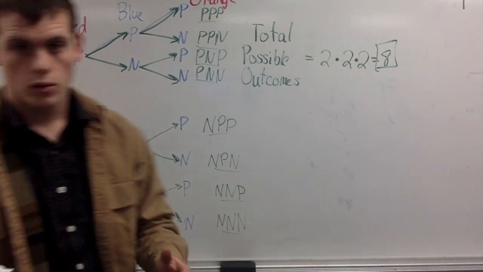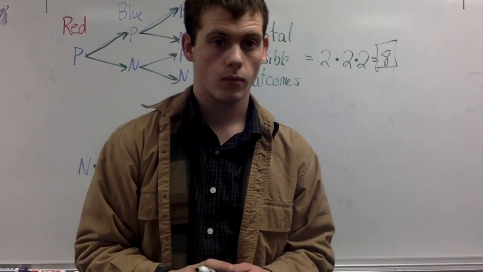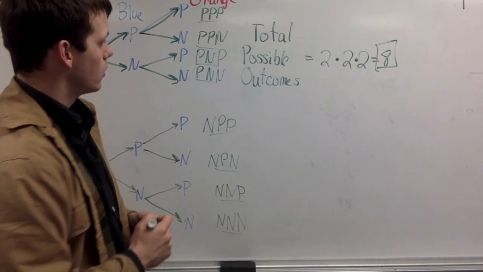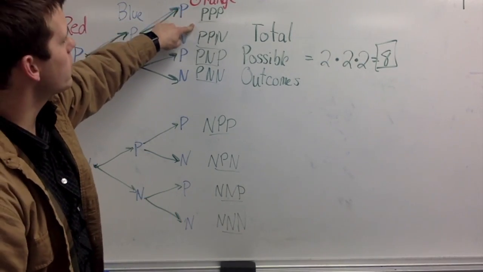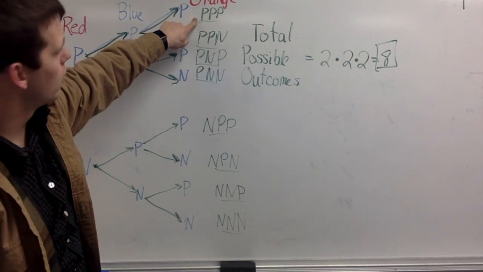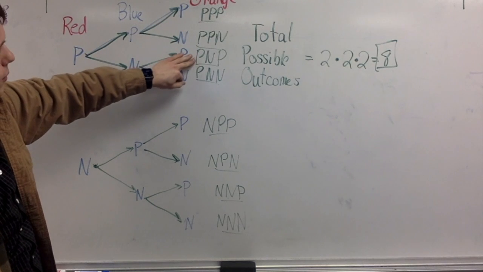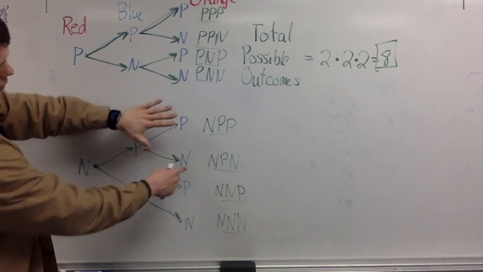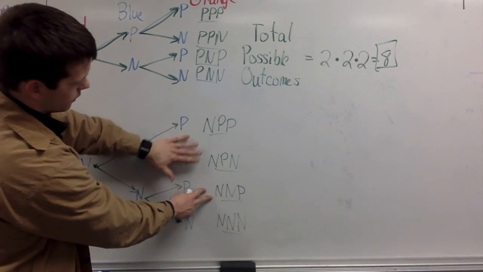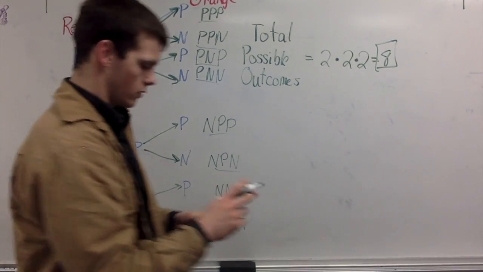So now, of course, what's the probability of getting at least one prize? So we count anything that has a P in it. So 1, 2, 3, 4, 5, 6, 7, and that's it. This last one does not have a P in it.